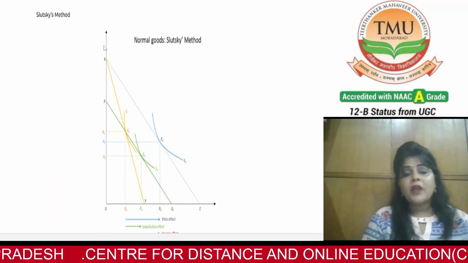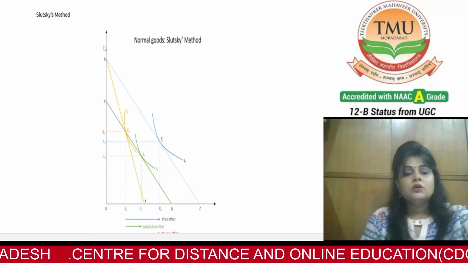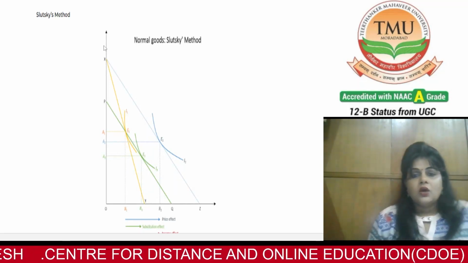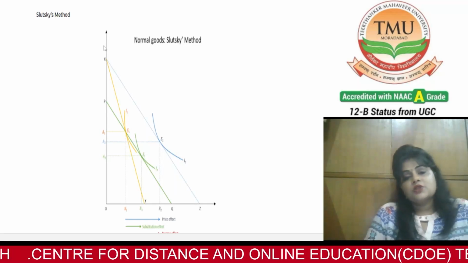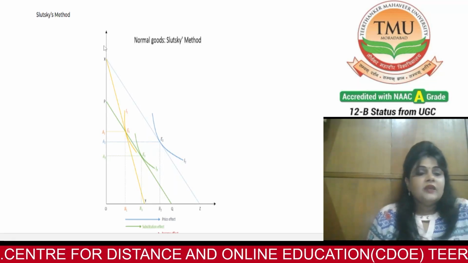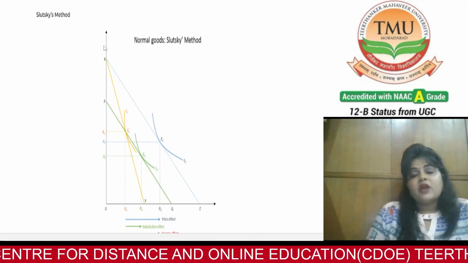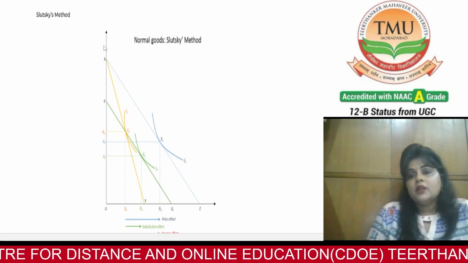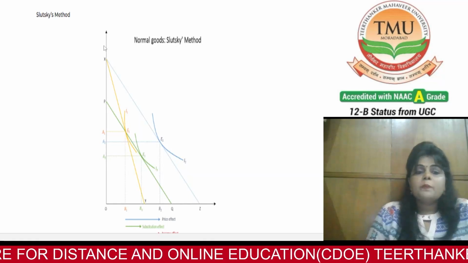So the price effect is a combination of income and substitution effect taking place simultaneously, but only the price effect is observed as a change in quantity demanded with the change in price.